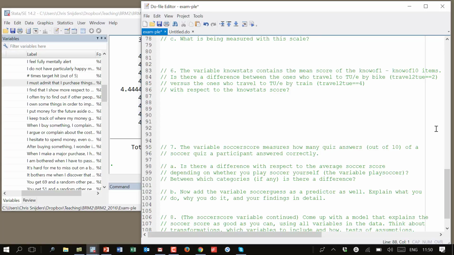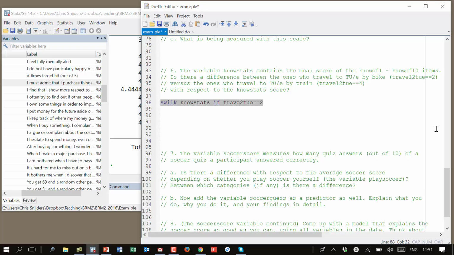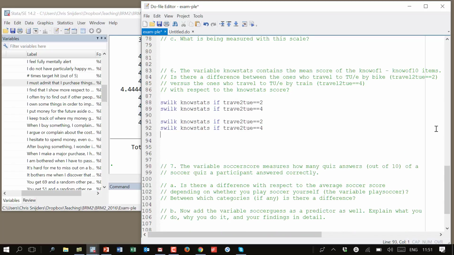So I want to first test for normality here. Swilk, no stats, travel to TUE, 2 and 4, that is. And the whole thing, I'll do that again, but then with the SK test.